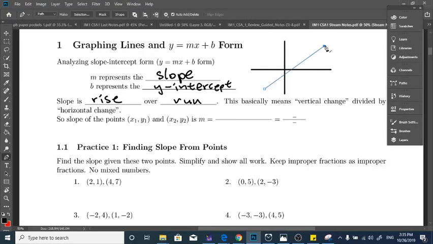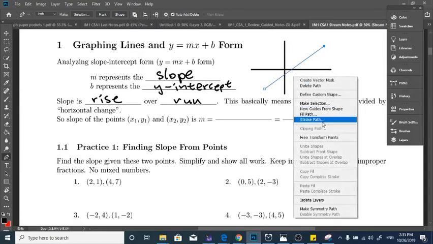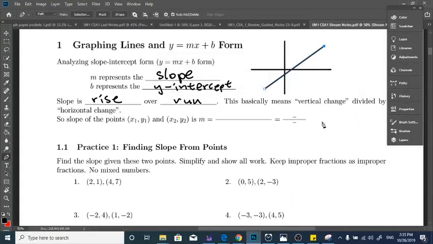Let's say that that is a line. If you take two points, you can see how they change in the vertical direction and how they change in the horizontal direction. That is exactly what the slope is. This thing divided by this thing.